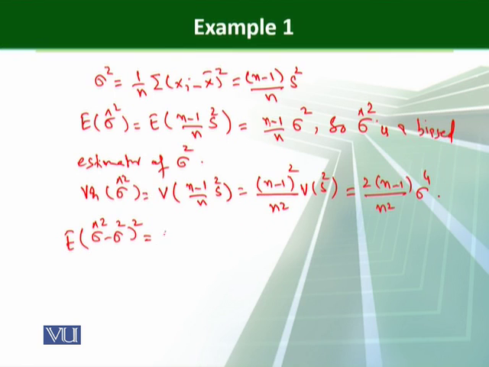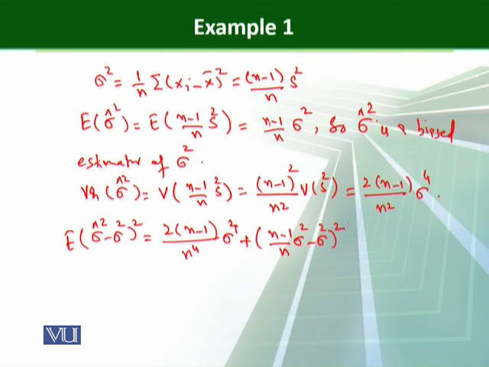That is basically the variance plus the bias term. The variance here is 2 times n minus 1 over n square, sigma raised to power 4, plus the bias term, which is n minus 1 over n sigma square minus sigma square whole square.